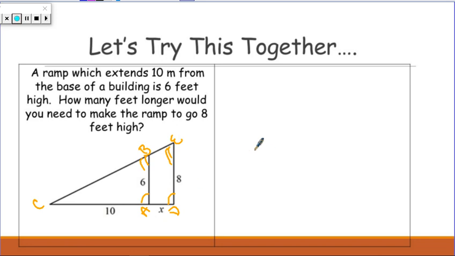Therefore, the way I'm going to solve this problem is I'm going to draw the big triangle, which I am going to highlight here. This is the big triangle, and I'm going to draw it also.